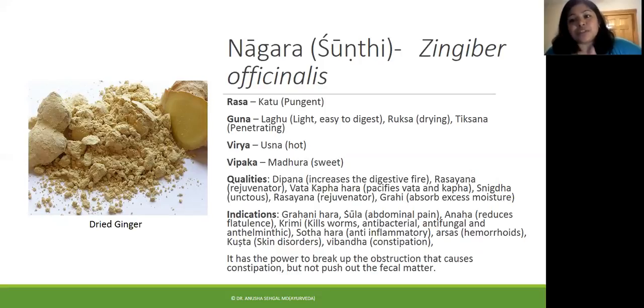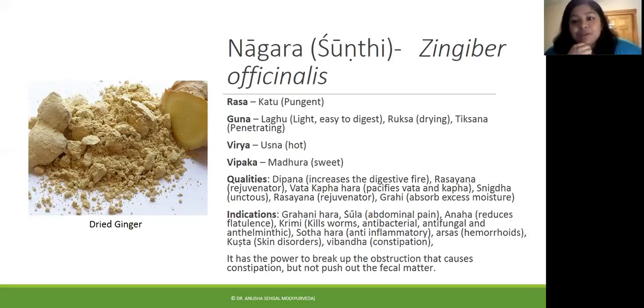So that's your question for today. What's the difference between dry ginger and fresh ginger? And the answer is that dry ginger is more potent than fresh ginger. The guna of dry ginger is laghu, easy to digest, ruksha or drying, and also tikshna, penetrating. Virya is of course ushna, and vipaka is madhura.